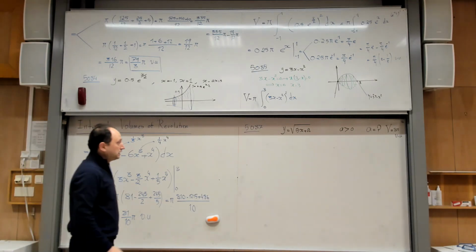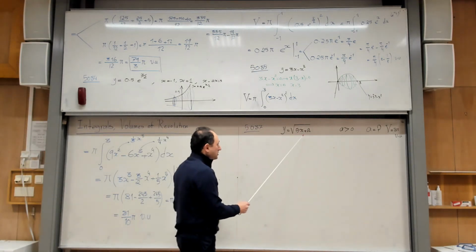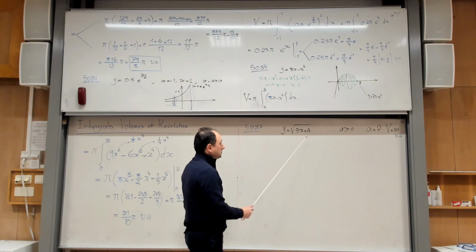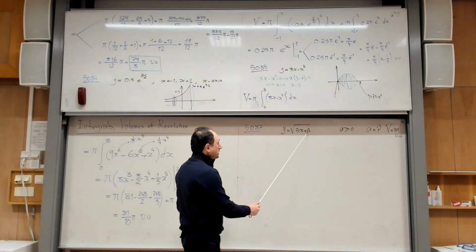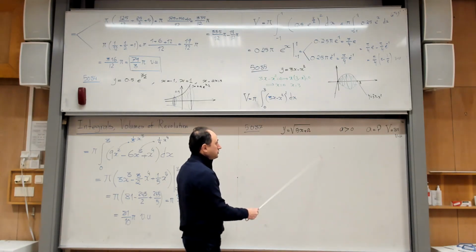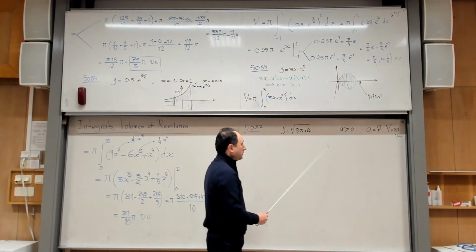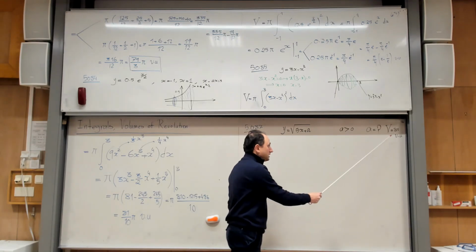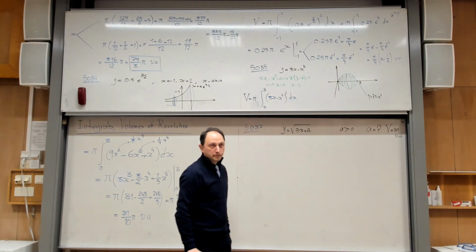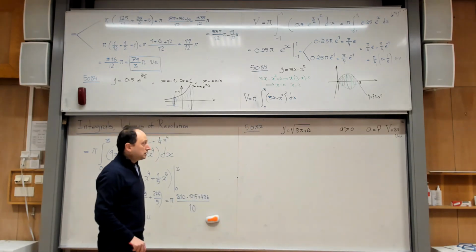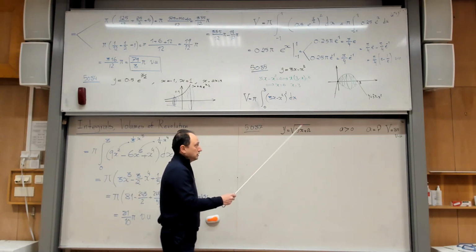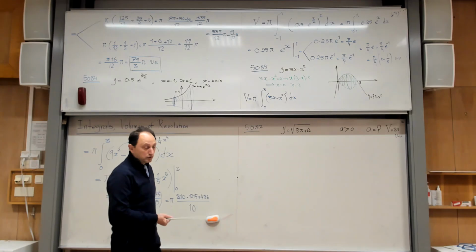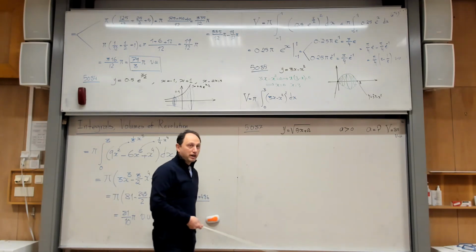But here, they have given you the function partially, meaning that a is still missing. You want to fine-tune this a so that if you do that rotation about the x-axis, the generated volume is 8 pi. But their area is the one between this curve, not with the x-axis. According to the book, it is with the y-axis.